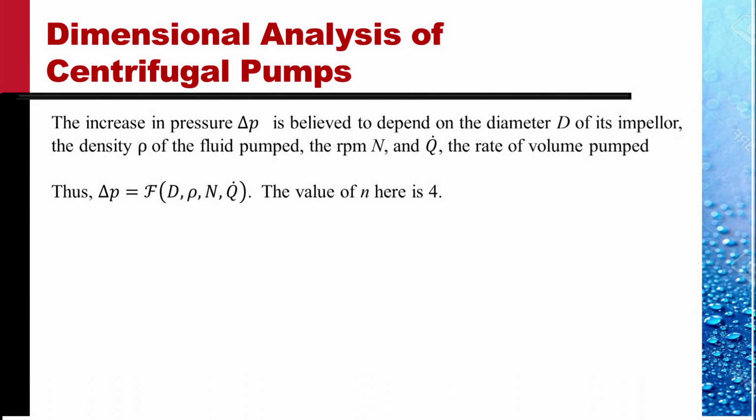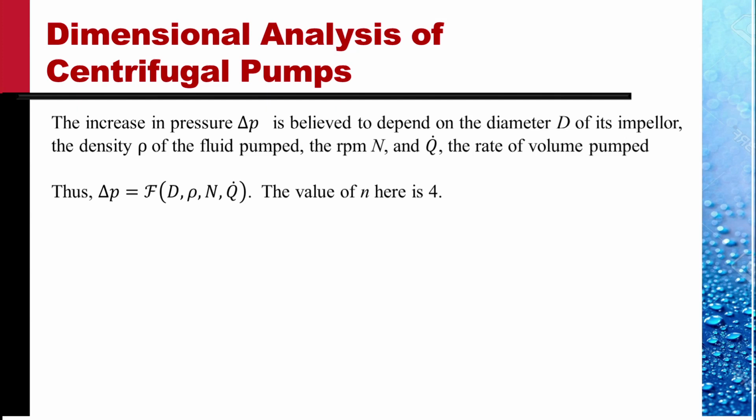Let's do another example where the power of dimension analysis is beautifully on display. The increase in pressure delta P in a centrifugal pump is believed to depend upon the diameter d of its impeller, the density rho of the fluid pumped, the RPM n at which the impeller is rotating, and on Q dot, the rate of the volume of the liquid being pumped.